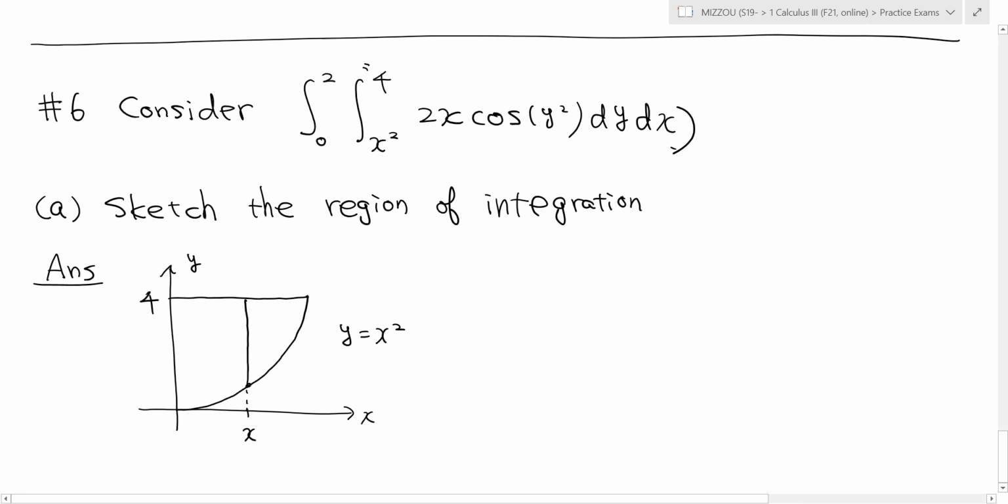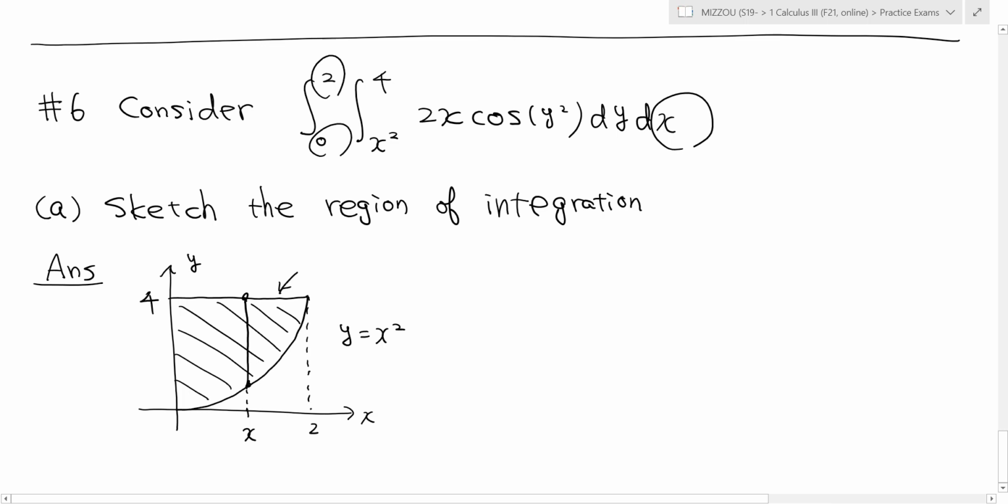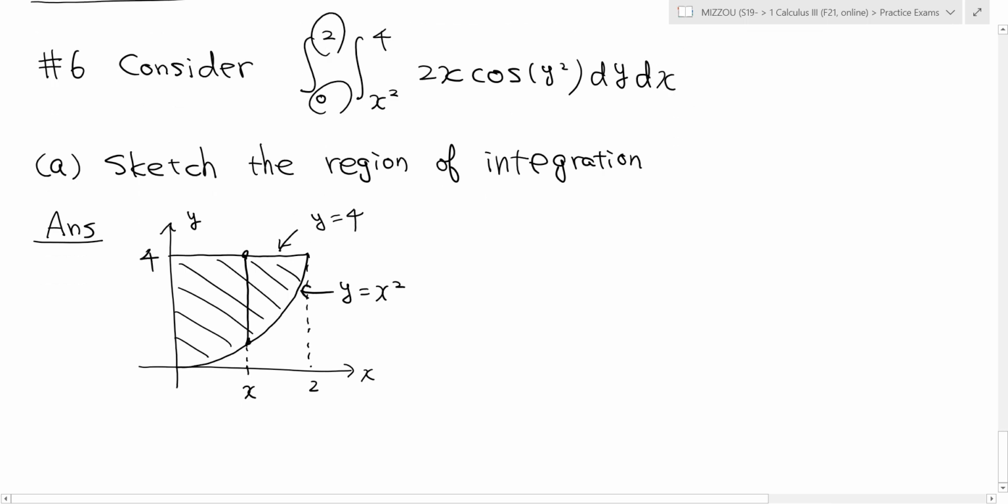So that means essentially it's inside this parabola, and your x value is from 0 to 2, and indeed you can see that this is 2. So the region of integration is this shaded region. This is y is equal to 4, and this is y is equal to x squared. So that's the answer.